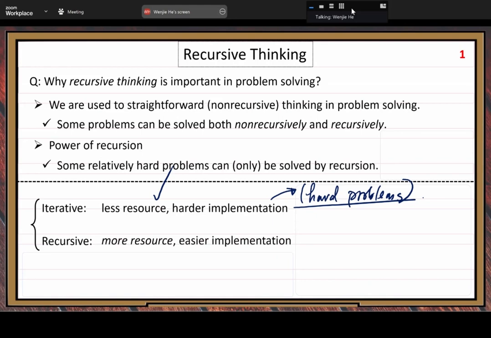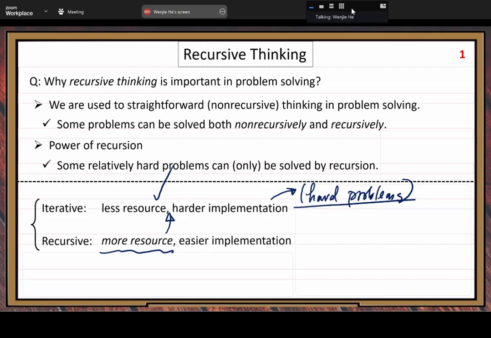Recursive, more resource. If you compare, recursion uses more computer memory resource than the iterative way. If the same problem can be implemented in both ways, the recursive way will use more memory resource.